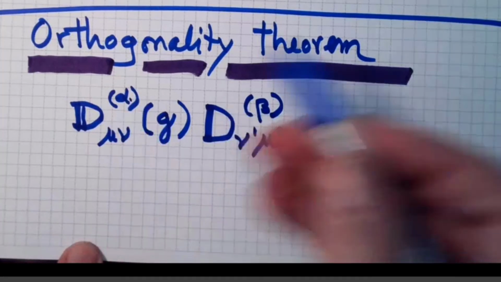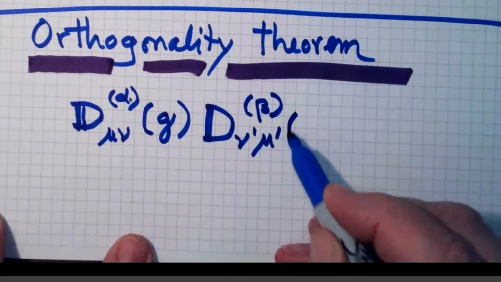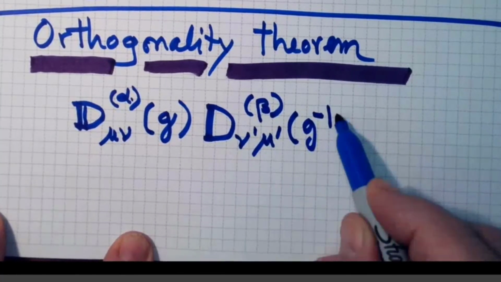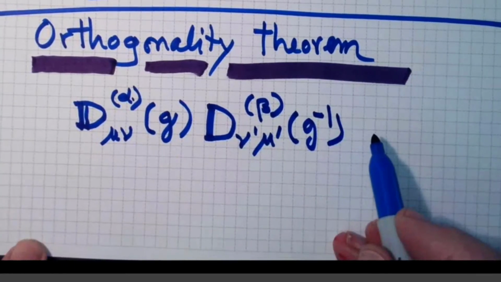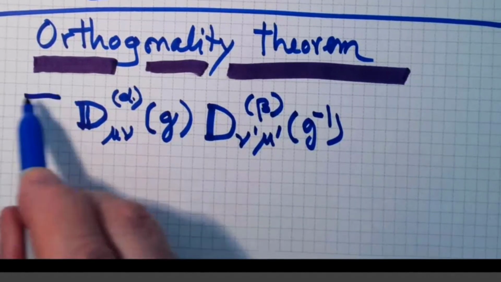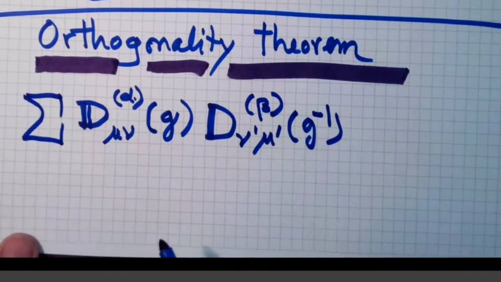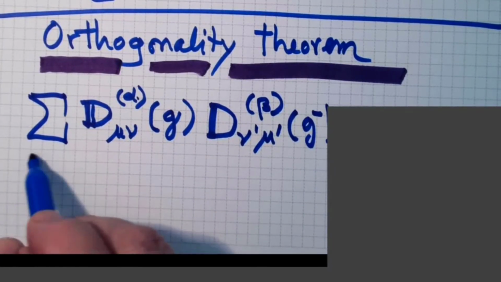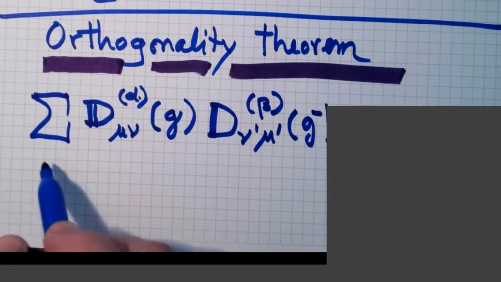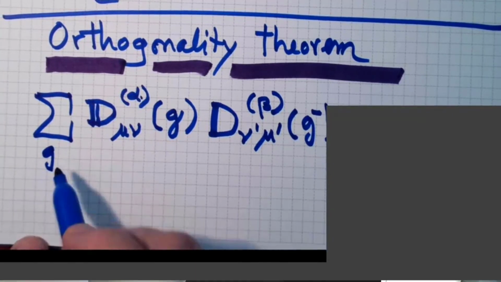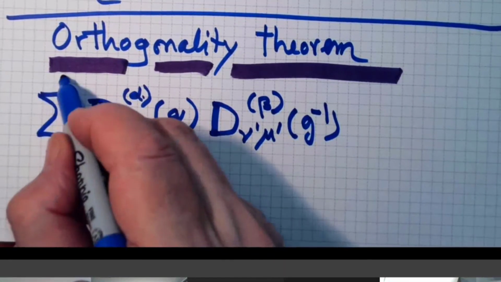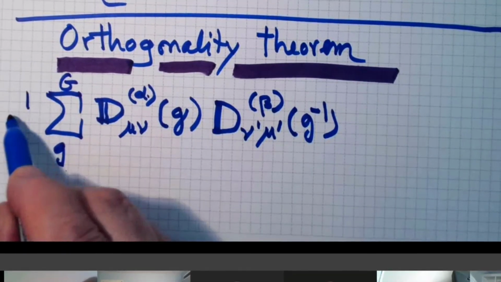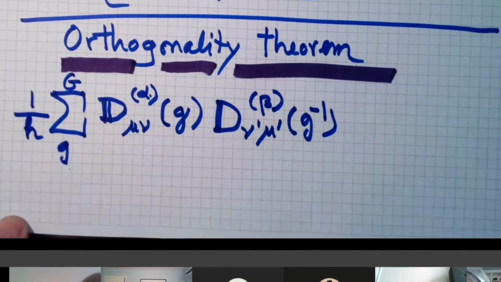So this has three different labels, but you take the representation of the inverse of this element and you average over the elements, which means you take G to be all elements in the group capital G. There are H of them, and average means you divide by the number of elements.